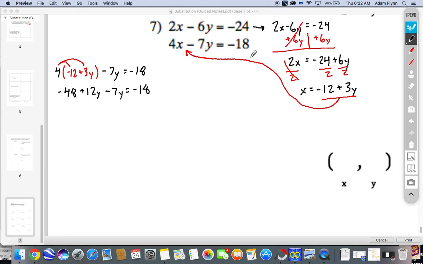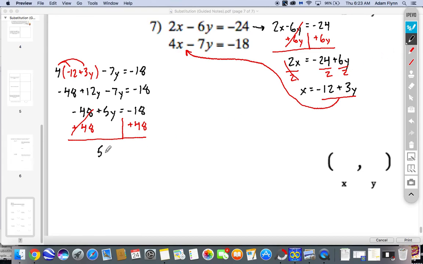If I continue to simplify, I'll combine like terms on the left side. So I get negative 48, 12y minus 7y is going to be positive 5y, equals this negative 18, which I still haven't touched. Now I can add 48 to both sides. When I do that, the 48s are going to cancel.